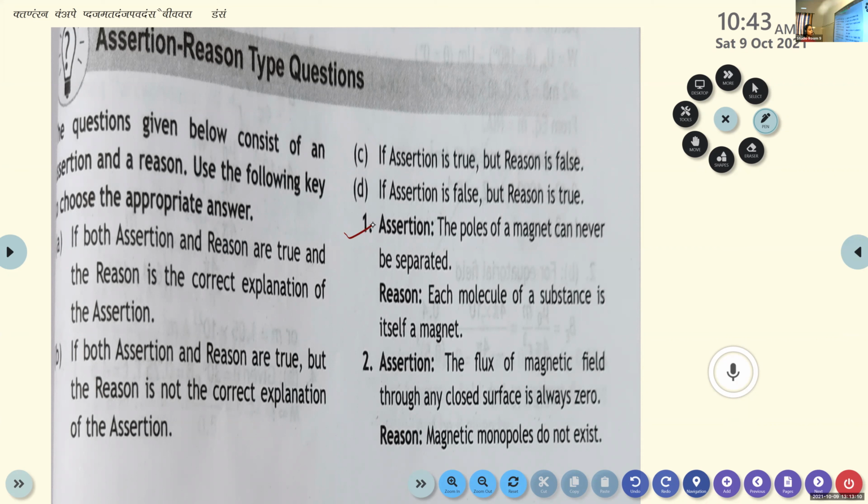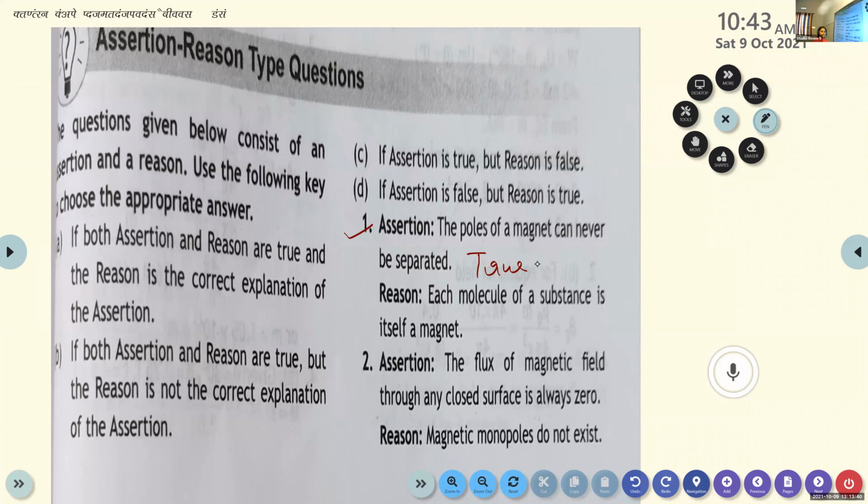Here the given assertion is this: the poles of a magnet can never be separated. It is true. Very good. Here the assertion is correct. What about the reason? Each molecule of a substance is itself a magnet.